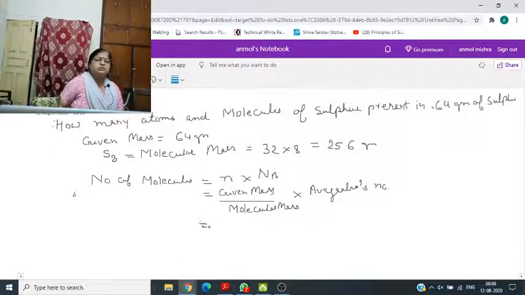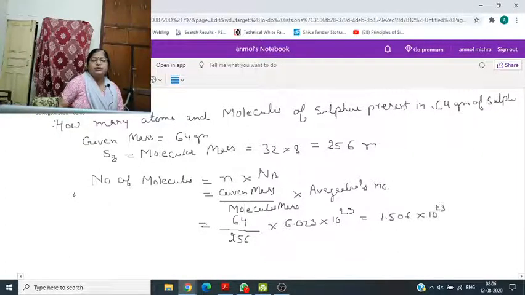So this is equal to given mass 64, and molecular mass we have just calculated 256, and Avogadro's number is 6.023 into 10 to the power 23. So when we calculate it, it will come out 1.506 into 10 to the power 23 molecules.